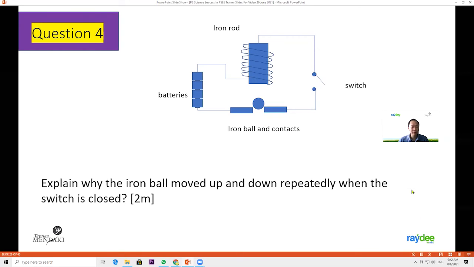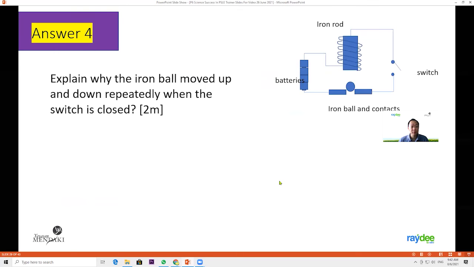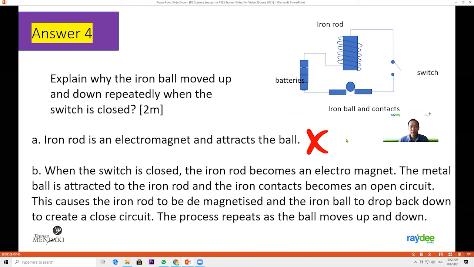Okay, next question number 4. Why does the iron ball move up and down repeatedly when the switch is closed, right? So when the switch is closed, let's look at the answer. Right, so when the switch is closed, basically the iron rod becomes an electromagnet. It attracts the iron ball, which goes up. Okay, you can do some annotation.